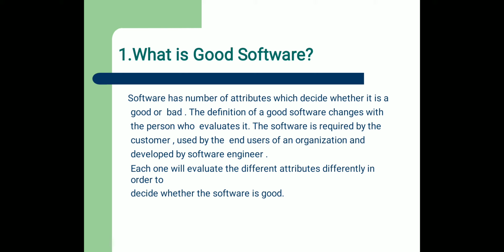That is called good or bad software, because the utilization by the end users decides whether it is good or bad. Each one evaluates the different attributes differently in order to decide whether the software is good.